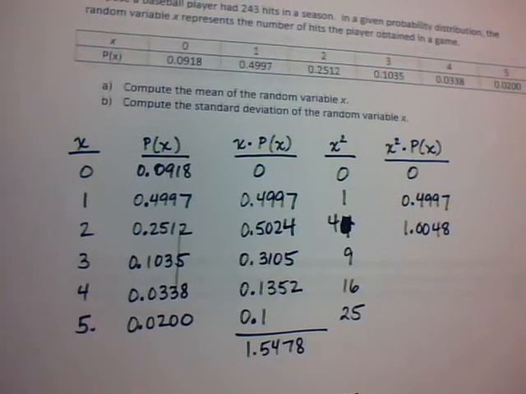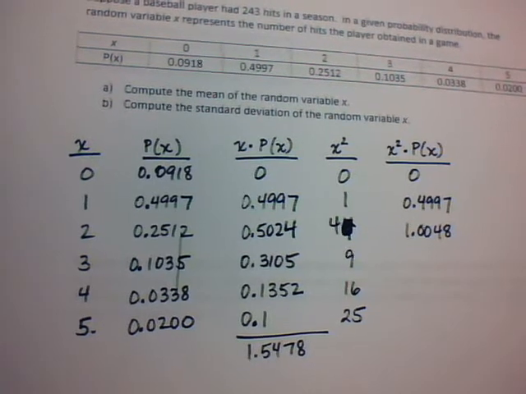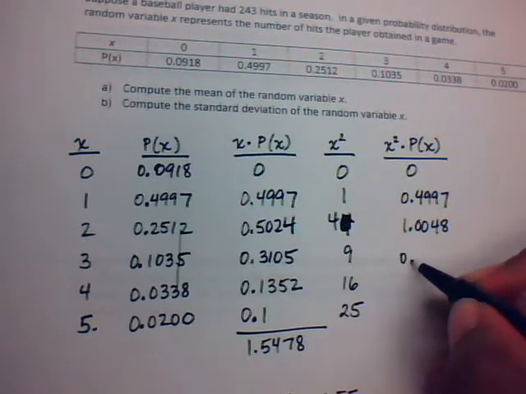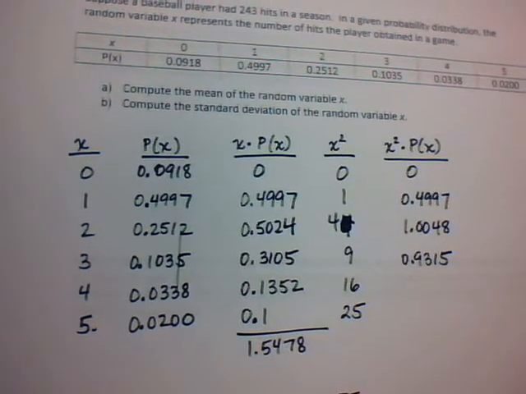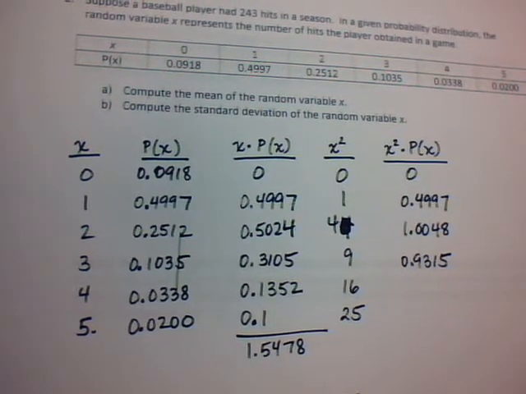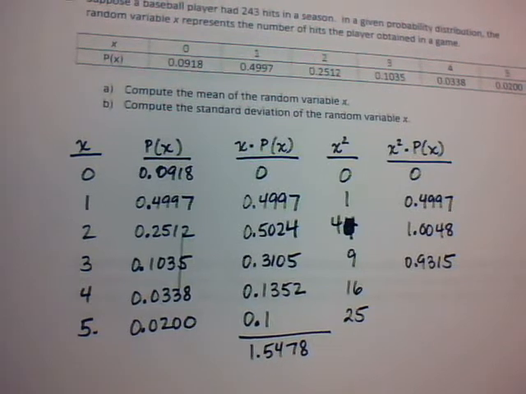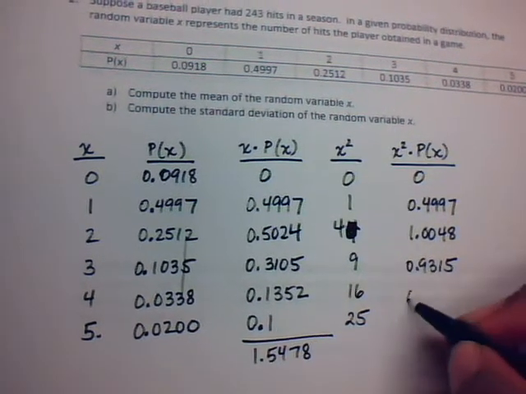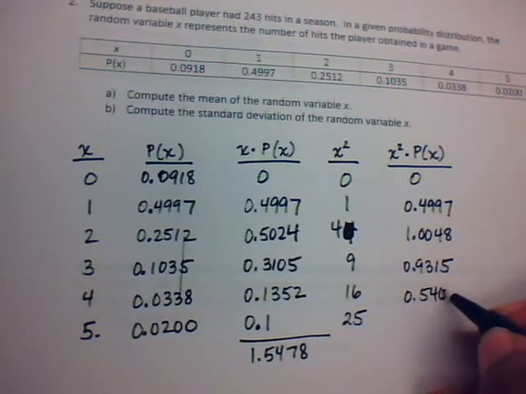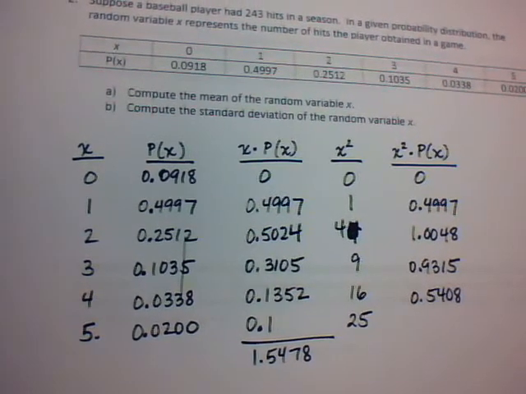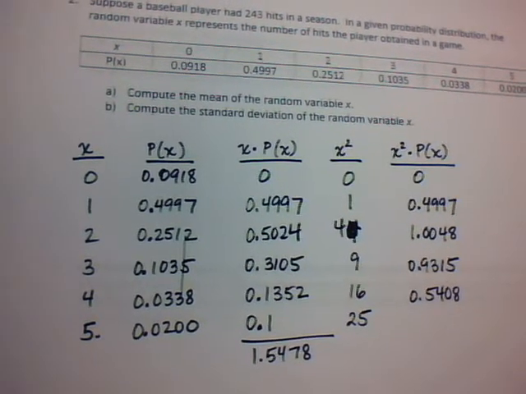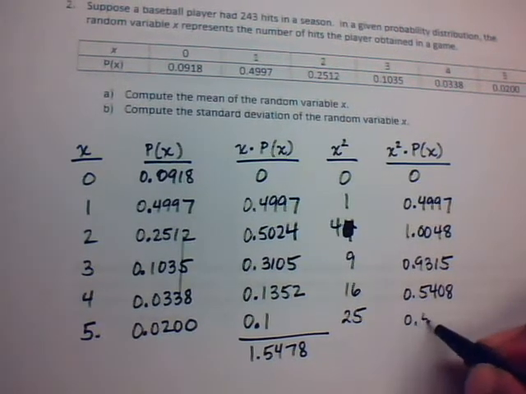Then 0.1035 times 9 would be 0.9315. And then 0.0338 times 16 will be 0.5408. And then 0.0200 times 25 will be 0.5.